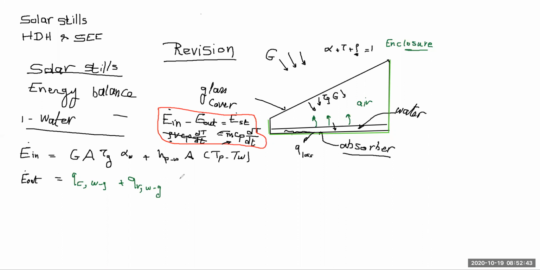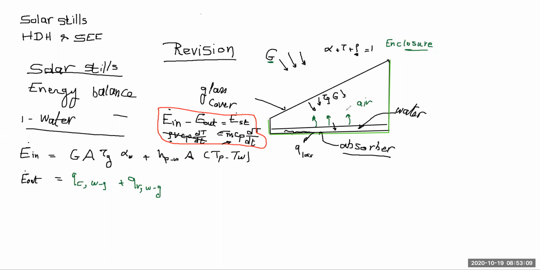Is it important to put radiation here? I know that solar stills make use of the greenhouse effect, which means that energy falling into it through the glass is going to penetrate through the glass because the glass is transparent to short wavelength radiation, like solar radiation, but it is opaque to long wave radiation. So what I have inside is long wave radiation.